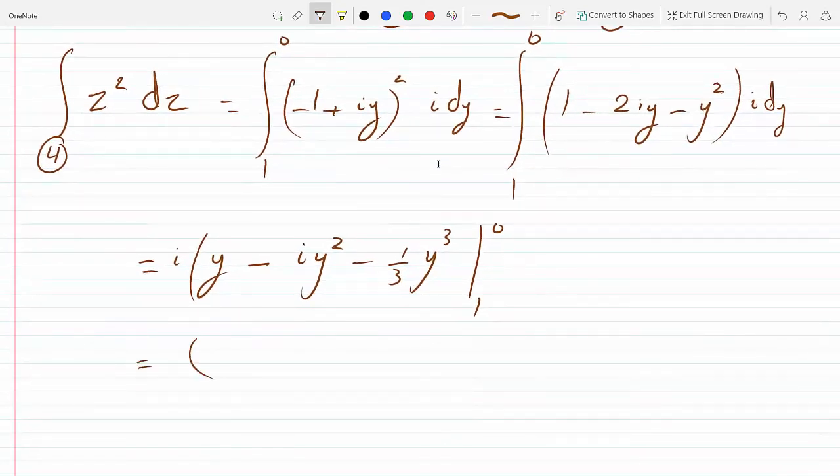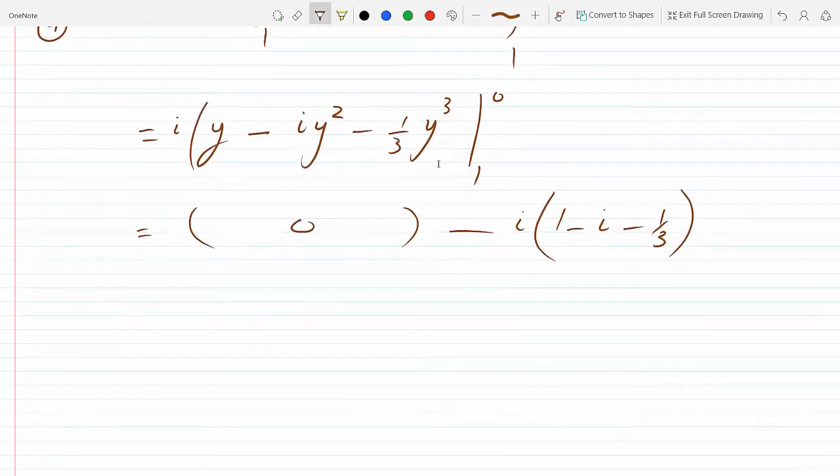On the 0 count, everything is 0 because they all have y. On the 1 count, we get 1 minus i minus 1/3. And so we get minus i plus i squared, which is minus 1, plus 1/3 i.